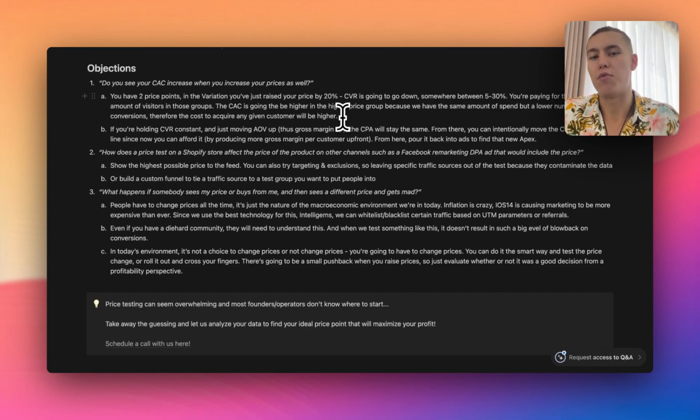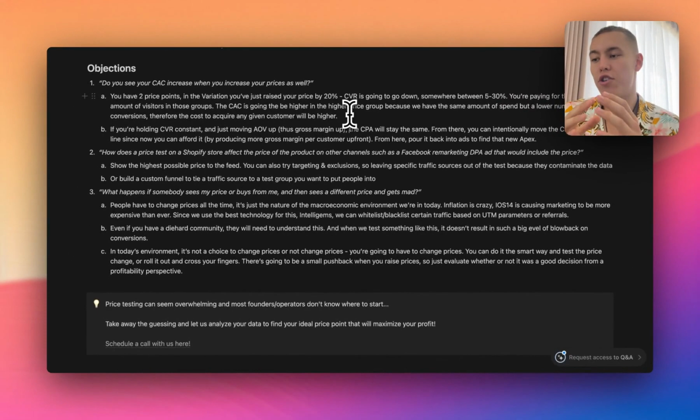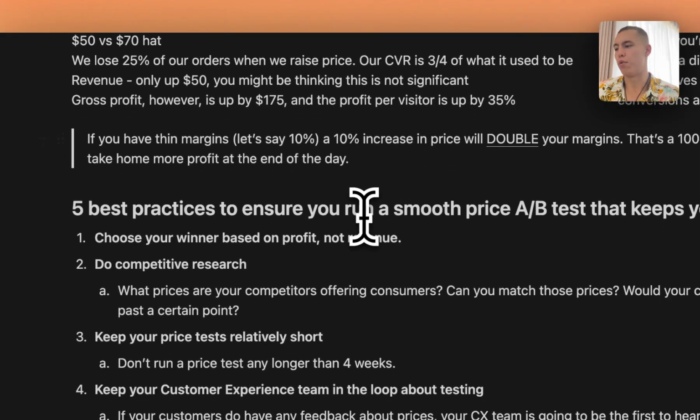But that's not what you want to look at, because the profit is what matters here. And if you're holding conversion rate constant and just moving average order value up, which is directly impacting gross margin, the CPA will stay the same. Last example.